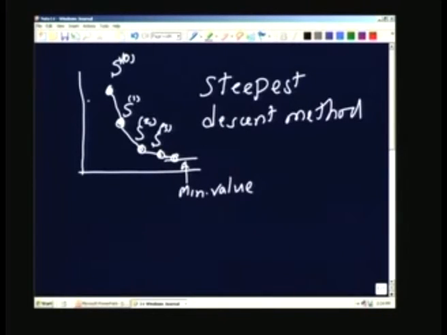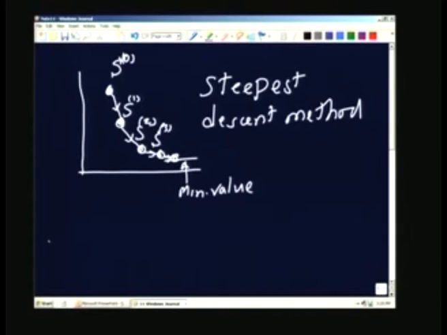I have indicated only for one parameter. This can be done for any number of parameters, and what you are doing is, you are taking small steps each time and moving towards smaller and smaller values of S, and of course, you stop somewhere when it does not make sense to do any more.